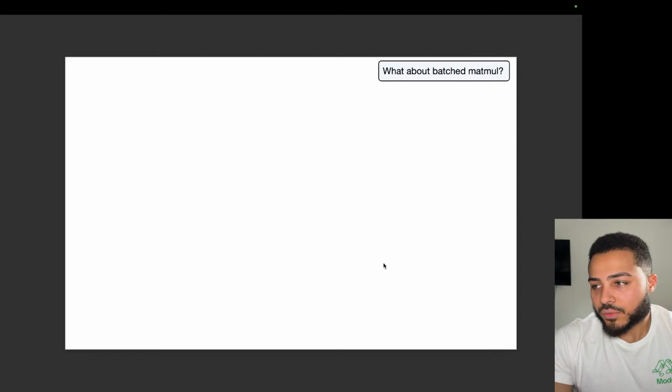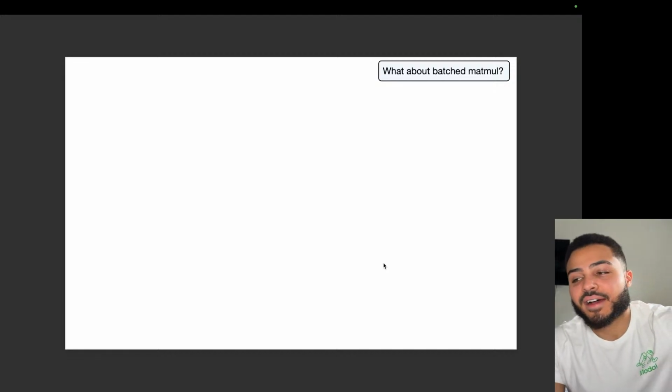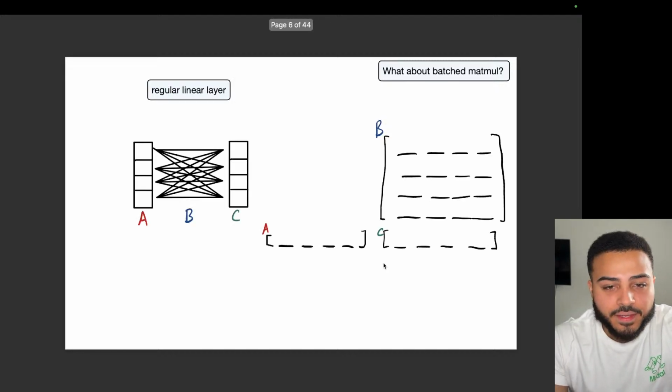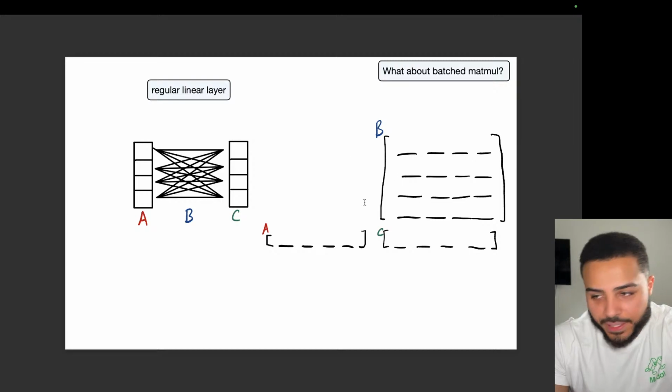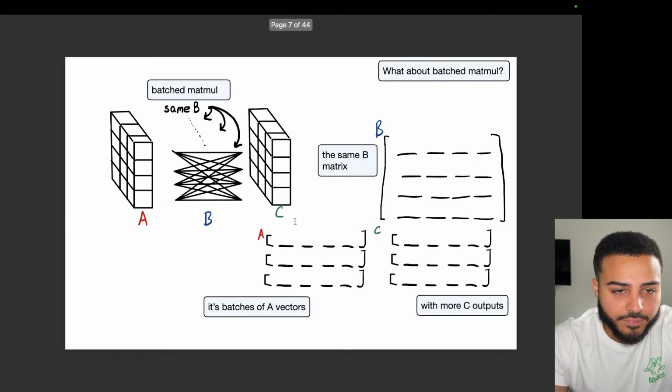Okay, so now I just want to go over what I'm pretty sure batch matmul is, and it's totally fine if I get this wrong, I can be corrected. But here's a regular linear layer, and here's the matrix multiplication way we drew it if we're going to do this out by hand. And then here's batch matrix multiplication.